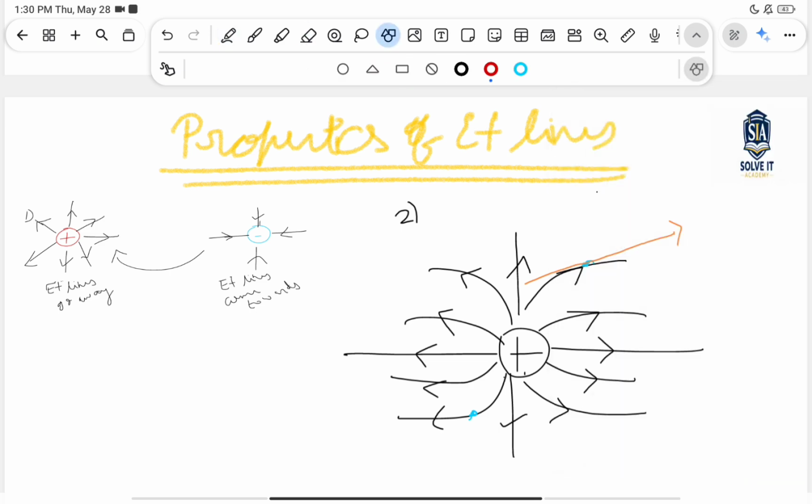This is the tangent, this is the direction. Is this clear? This is also an important property itself. The direction of the field is the direction of the tangent. This was the second property.